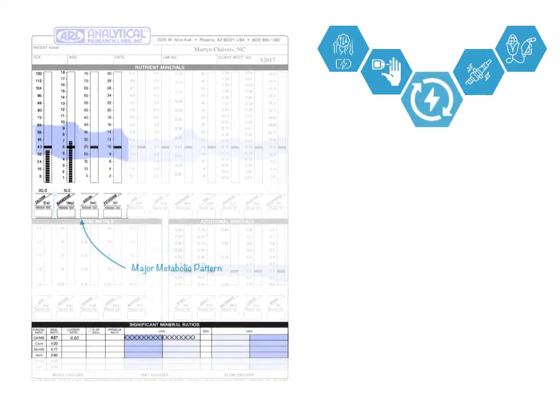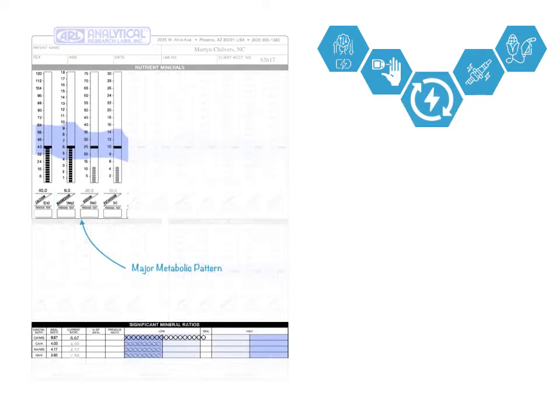And in this case, beyond the optimal range, anything high or anything low can both mean that there's impaired blood sugar regulation or sugar metabolism issues. So that's the major metabolic patterns that we focus on.